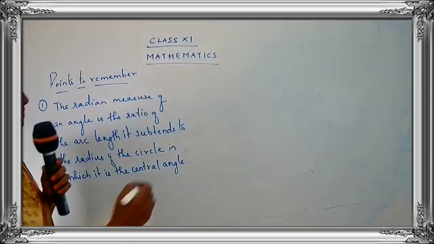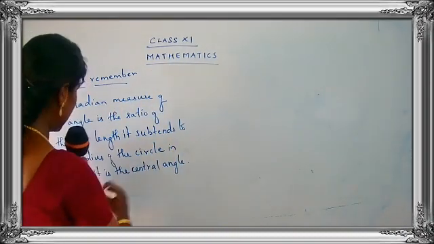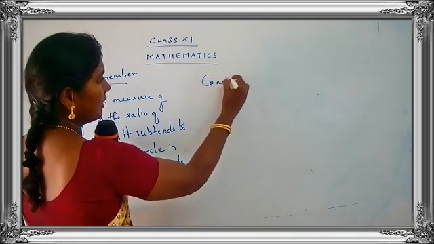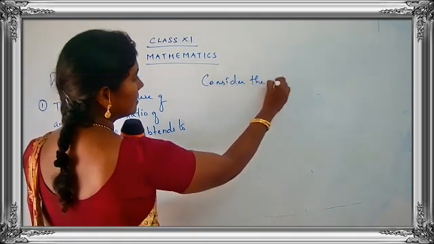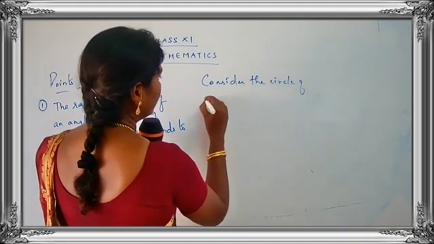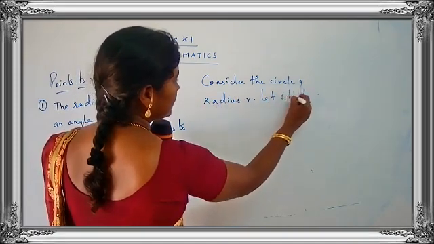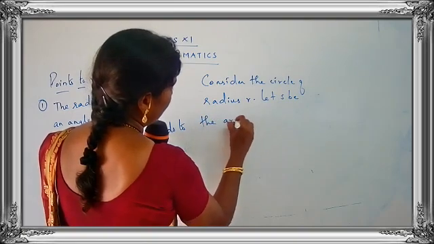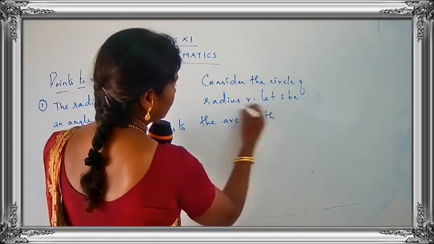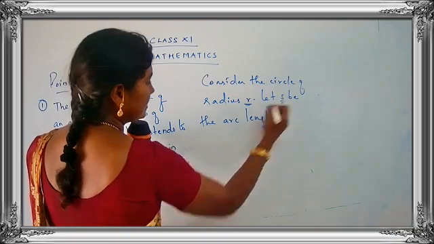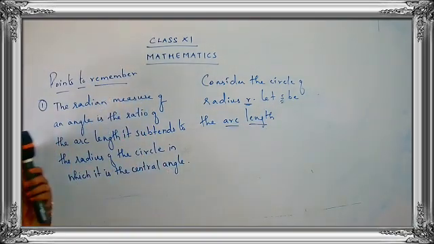Consider a circle of radius r, just continue, it's not a next point. Consider the circle of radius r and let s be the arc length. Okay, so r is the radius and s is the arc length.